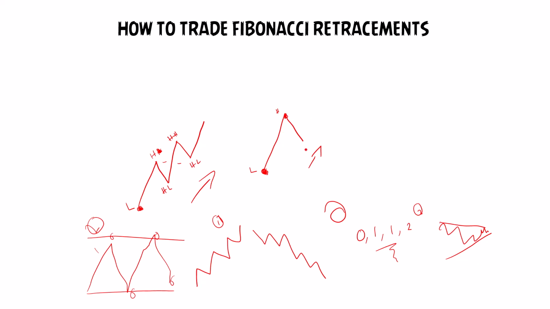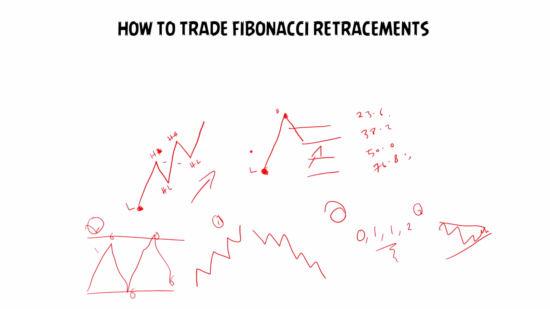The idea is that since Fibonacci ratios, we've got the 23.6%, we've got the 38.2%, we've got the 50.0%, we've got, if I'm not mistaken, the 76.8%, and all of that. When you draw your Fibonacci retracement tool, it is going to draw lines breaking this move.